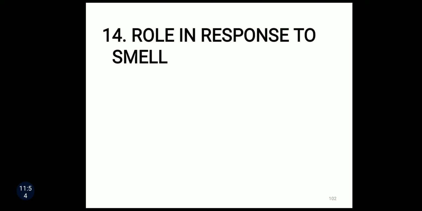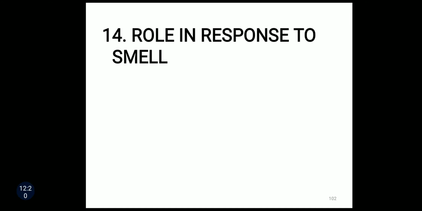Then the next function is the role in response to smell. For example, if a person gets some smell, this person will give some response to that smell. Because of that smell, a person may feel very happy, for example when someone lights an agarbatti or some other sweet-smelling substance, the person may feel good and give a good response.